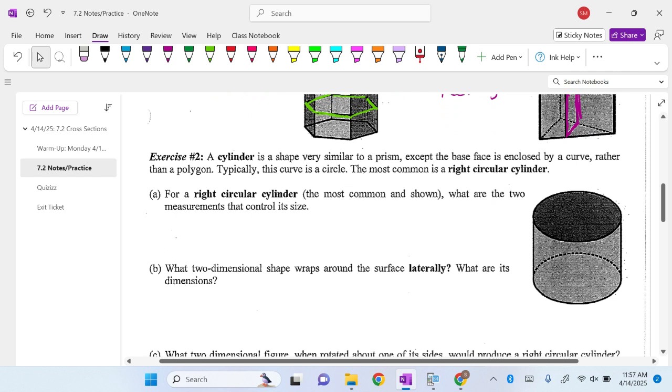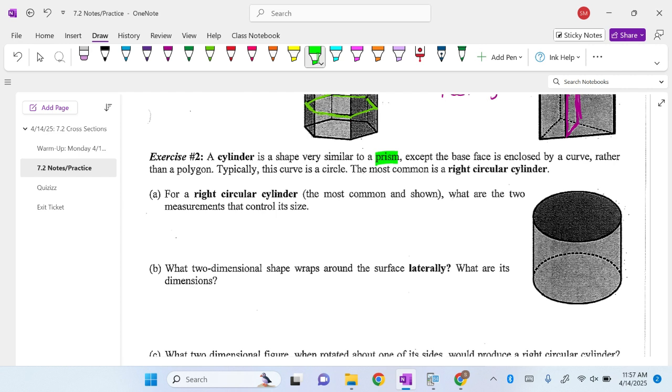Now, a cylinder is very similar to a prism. All right, except the base face is enclosed by a curve rather than a polygon. So in other words, the only difference between a cylinder and a prism is there's no corners. All right, it's just a can. Typically, this curve is a circle, and the most common is a right circular cylinder. Every can that you will ever see in the supermarket, whether it be soda, green beans, whatever, will be a right cylinder.